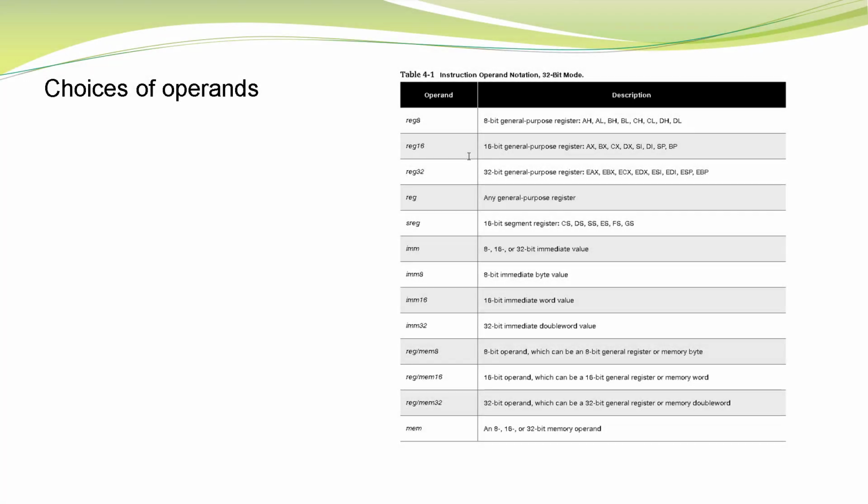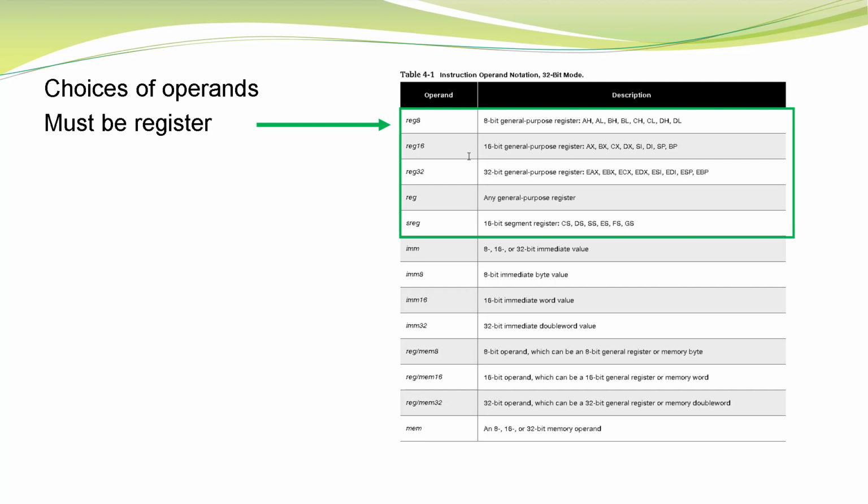Now you're going to be looking at different instructions more and more as we go along, and each one of these is going to have a code indicating what kind of operands that instruction can have. This table over here, table 4.1, shows you exactly what to look for. If you see something that looks like this, either with a number after the word reg or without a number, you know that operand has to be a register.